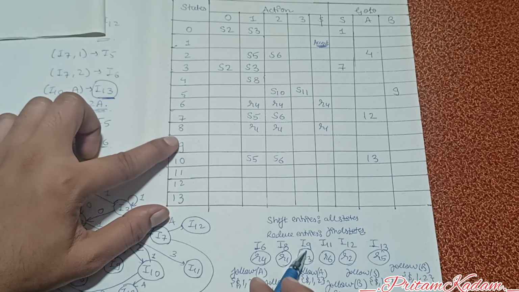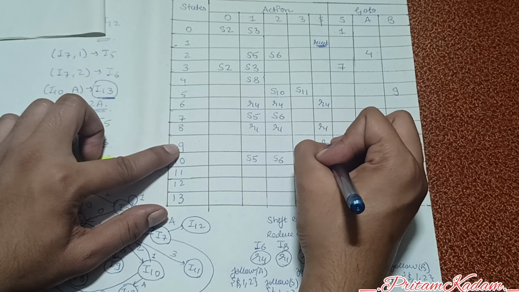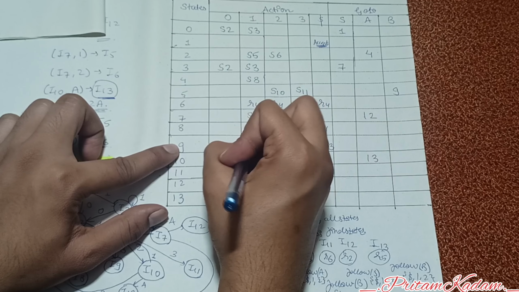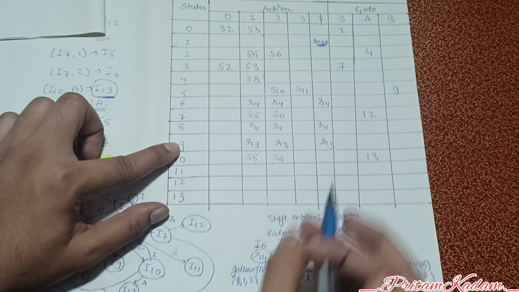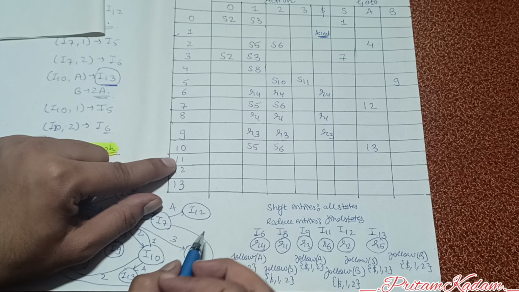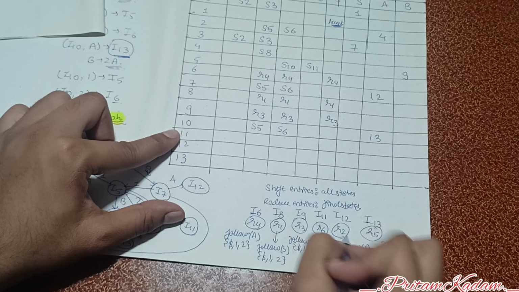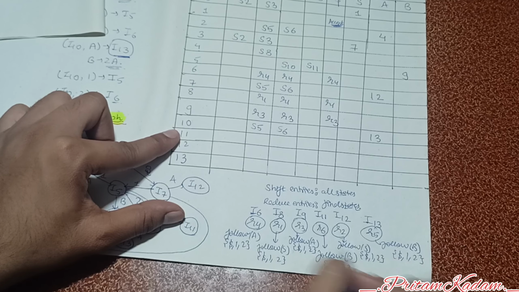In the ninth state, under $, I'll write the reduce 3, that is R3. Now for I11, under $, I will write R6. Let me make an arrow for simplification.